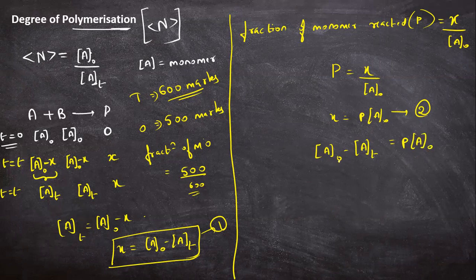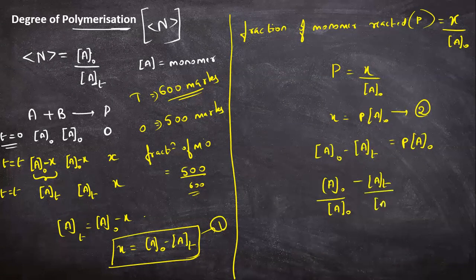Take this A naught to the left hand side. So A naught minus A t divided by A naught is equal to P. A naught gets cancelled, so it will be 1 minus A t by A naught equal to P.